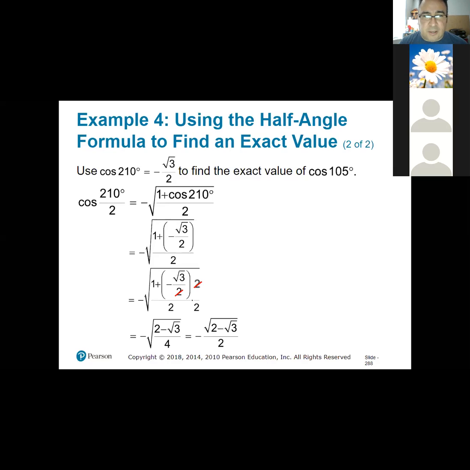That looks so much better than we had before, but it's probably one of the first times you've ever seen a square root of a square root, right? Have you guys seen that in a problem before? Did you see it in Algebra 2? No, right? So you're going to start to see more of that as you go forward in math. You're going to see some really cool looking stuff.